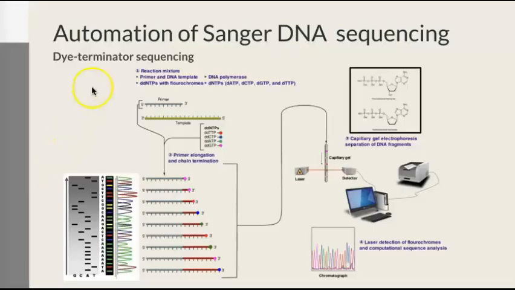Once we were able to automate single DNA sequencing, it sped up the reactions much more dramatically, but we still couldn't scale it to read a whole genome efficiently.